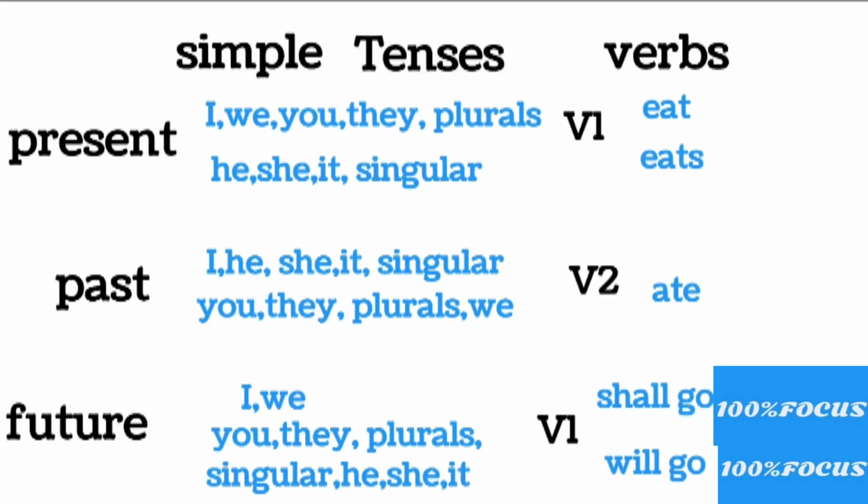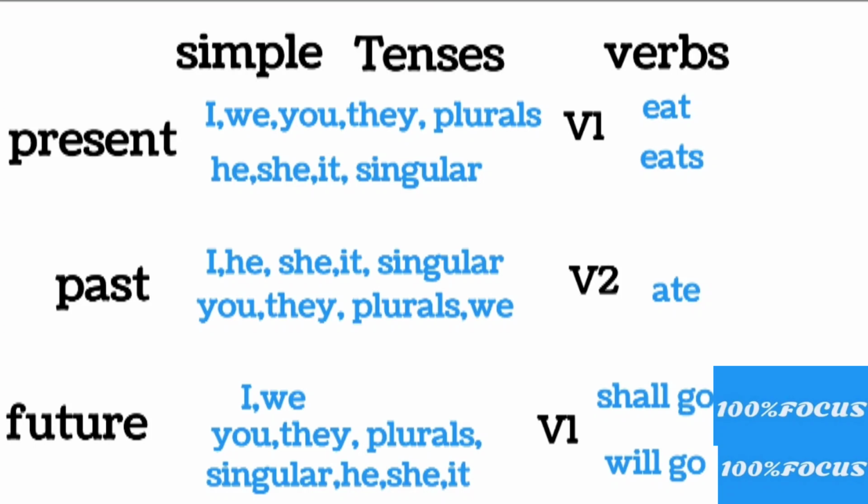Again I am repeating. Present simple V1, past simple V2, future simple V1. Present and future V1, past V2 in the simple tense. Okay, and in the present, for subjects like I, we, you, they and plurals, we are going to write the verb as it is.